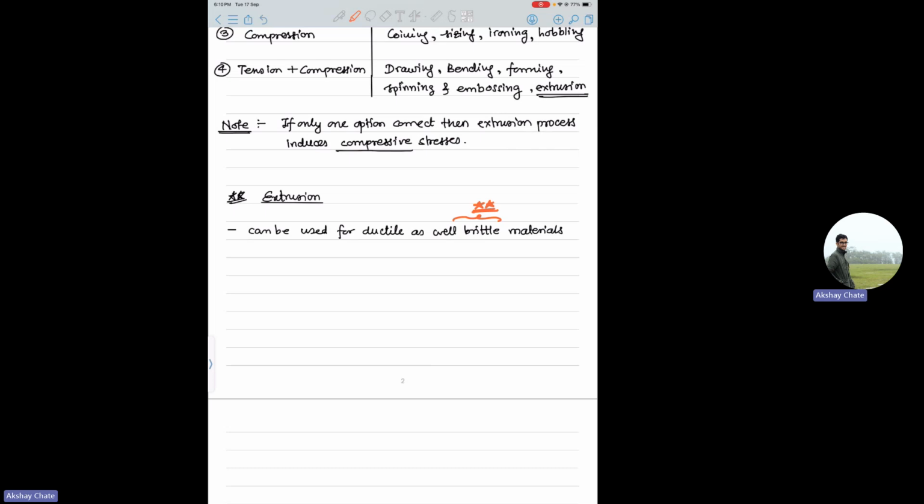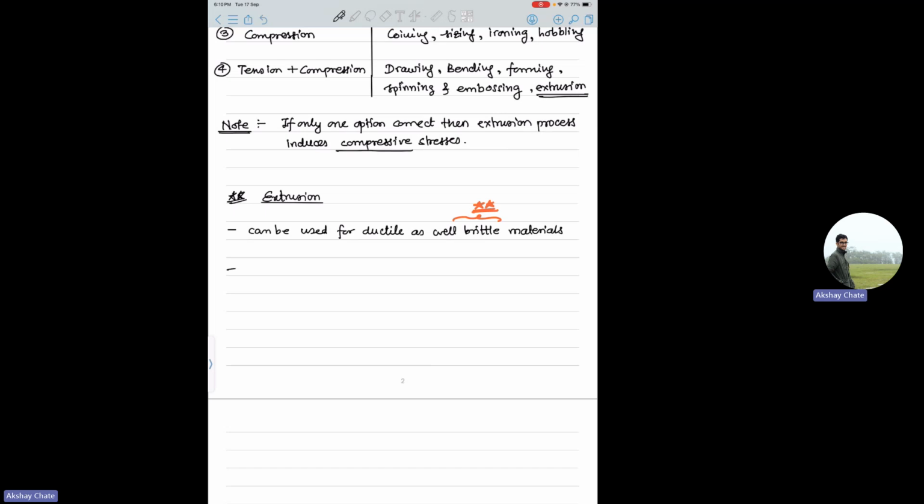And other ductile materials, like steel, stainless steel, cast iron, zinc, tin, all those things can be used. And sometimes in competitive exams, they may ask under what applications, match the column type of questions.